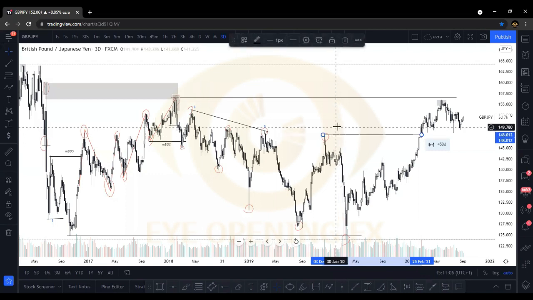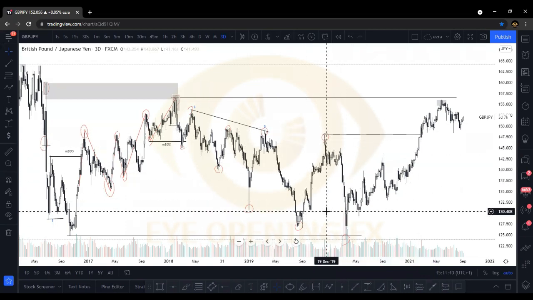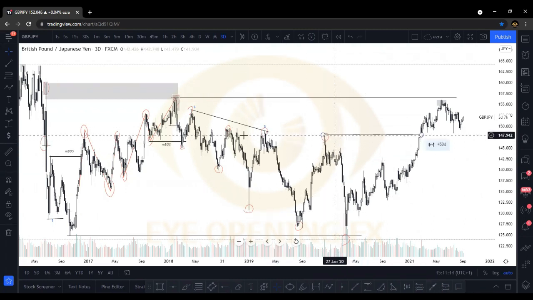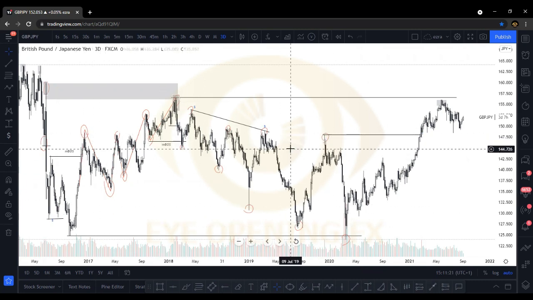You can call it that, but we do call it minor break of structure. It's an internal structure break because it broke this internal structure high, which is still within this former range.